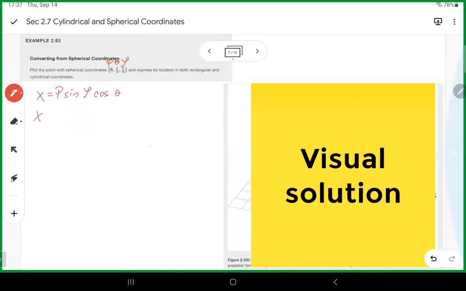So then if we replace in, we're going to have 8 sine pi over 6 cosine pi over 3. And if you work that out, that ends up being 8 times 1/2 times 1/2.